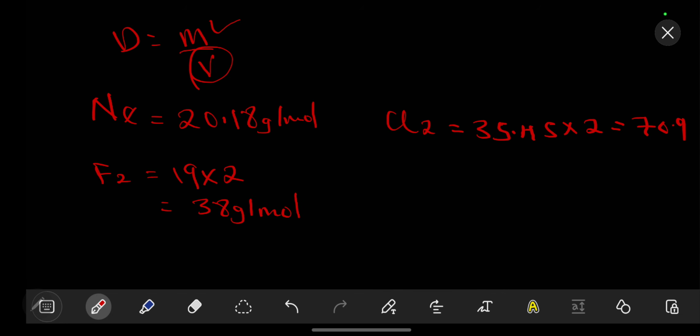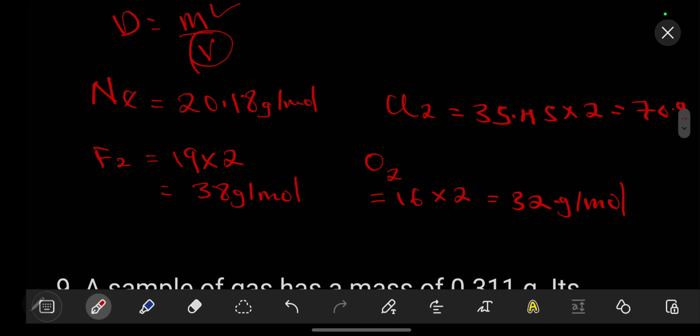If we go to oxygen, which is our O2, oxygen has a molar mass of 16. Since it's diatomic, we multiply by 2 to get 32 grams per mole. So which one is the greatest?